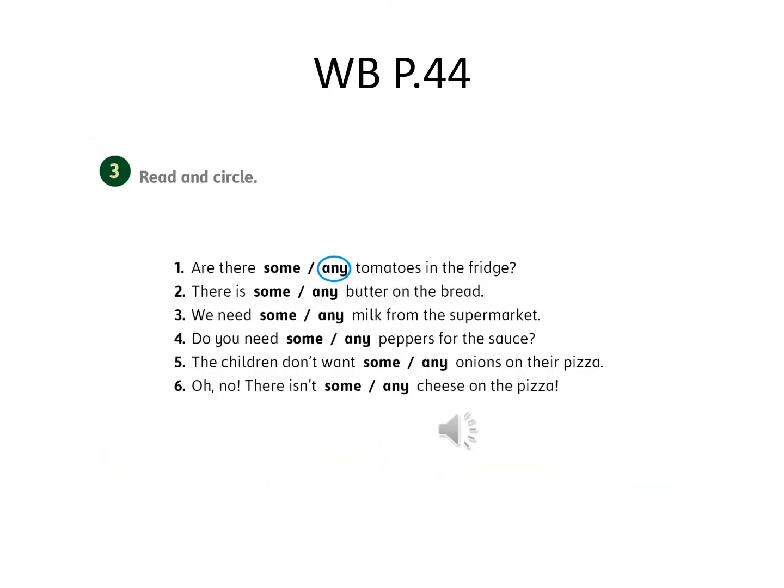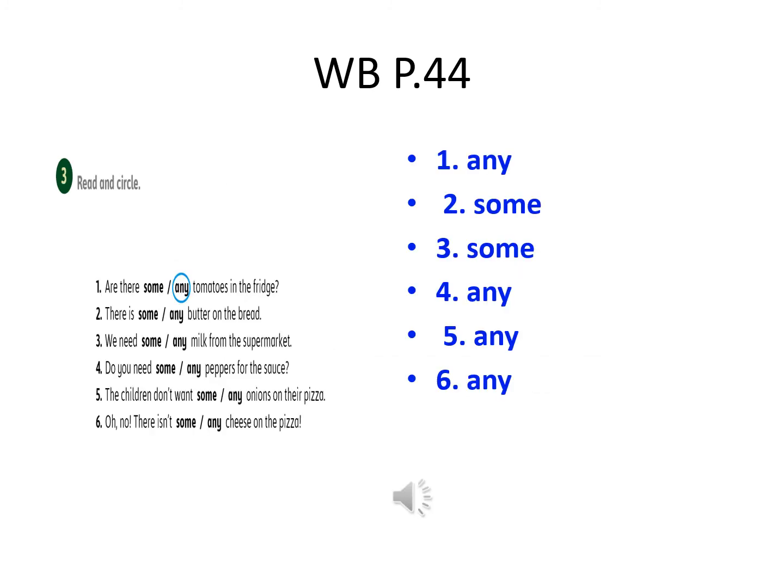Your workbook, page 44. Are there any tomatoes in the fridge? Here we will choose any because it's a question. Now please stop the video, answer the questions, then come back to check your answers. Are there any tomatoes in the fridge? Because it's a question. Number 2, there is some butter on the bread.